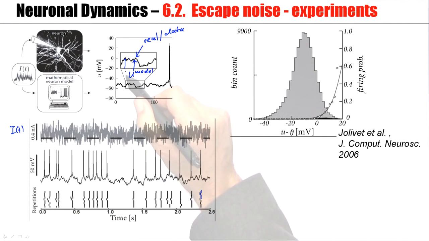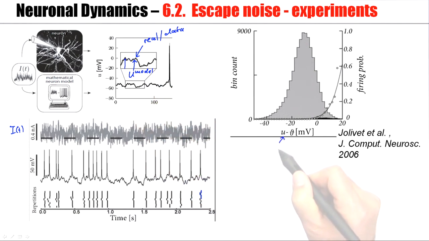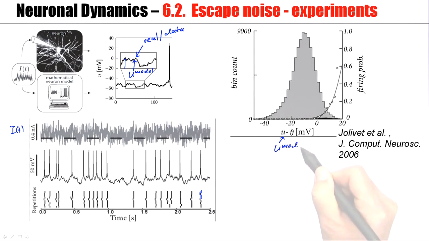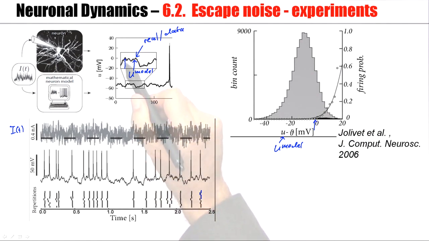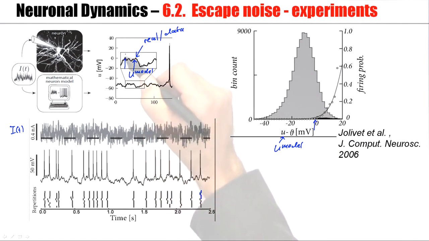This is a certain value u of my model, my u model, which is just below theta. For this value of my model, I see that the neuron here has not fired.